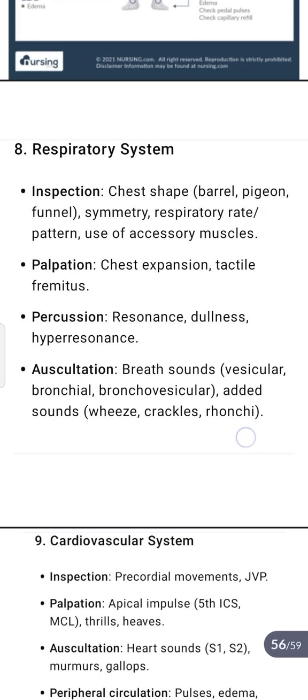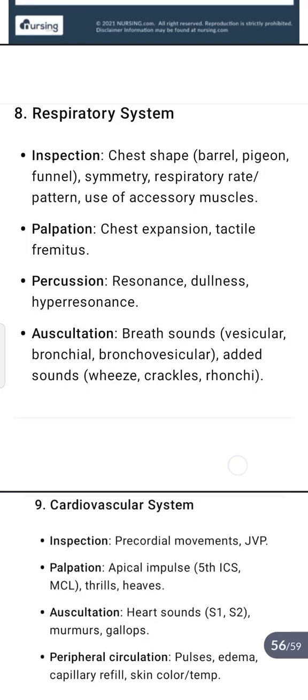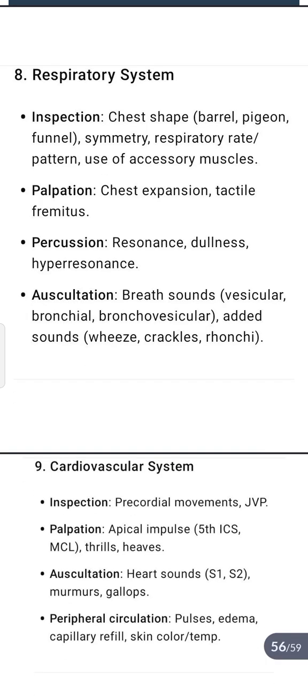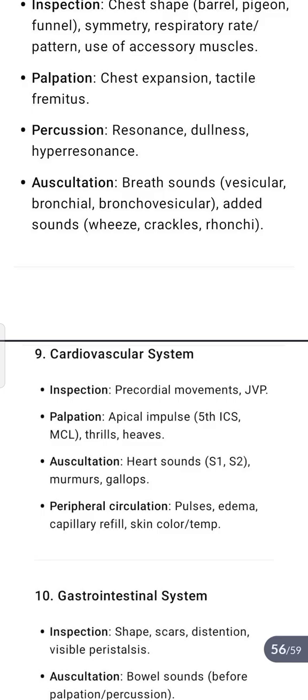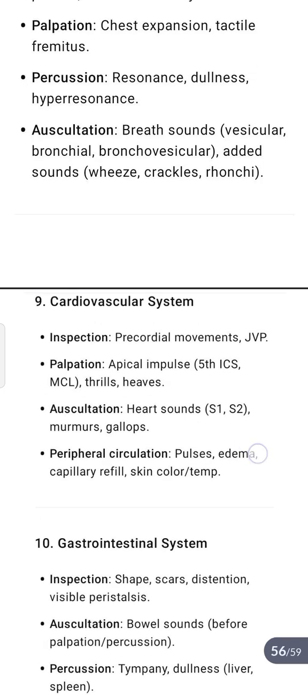In the respiratory system we do inspection, palpation, percussion, auscultation. In inspection we see chest shape, barrel, pigeon, funnel, symmetry, respiratory rate, pattern, use of accessory muscles in breathing. In palpation, chest expansion, tactile fremitus. In percussion we see resonance, dullness, hyperresonance.